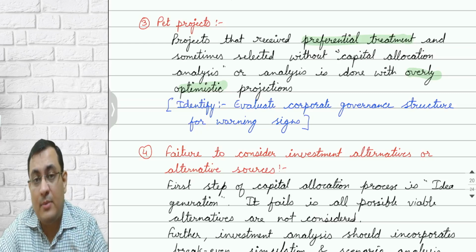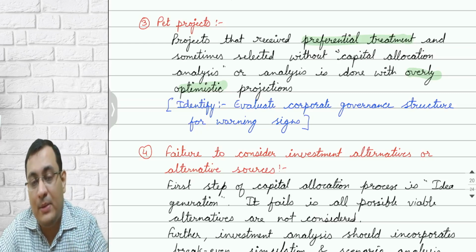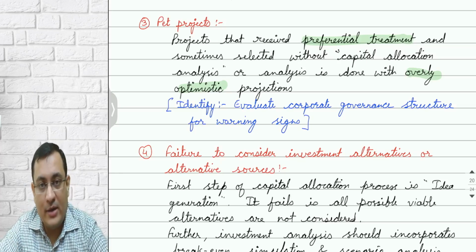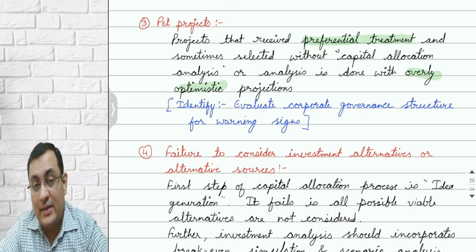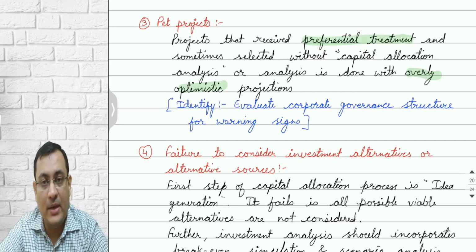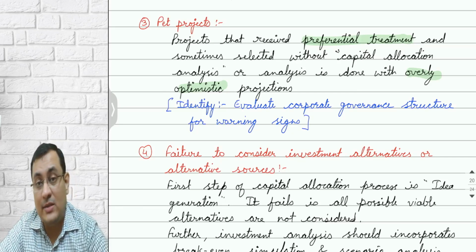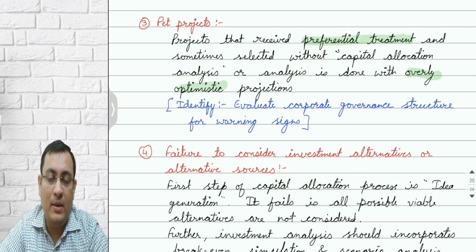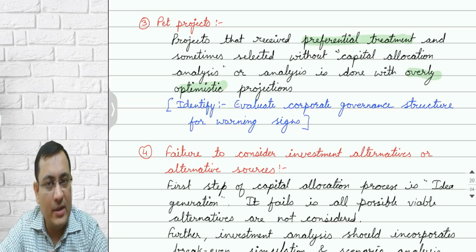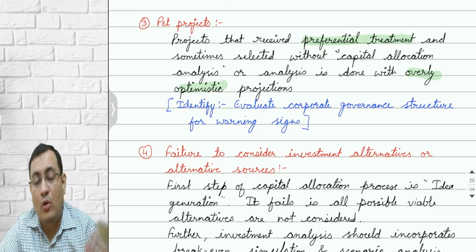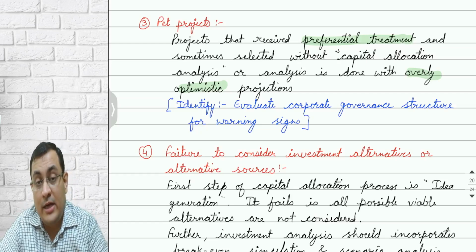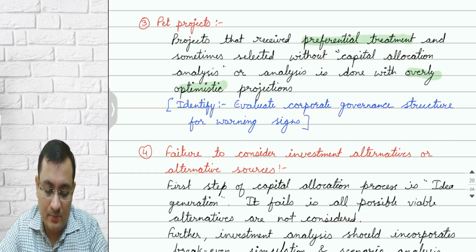It is generally recommended that more independent people should be in the final decision making body, the governing body. So for pet projects, to identify this bias, we should be checking the corporate governance structure of the company. And what are the warning signs? If there are fewer independent directors in the governing body, then of course this bias will happen. More executives will give preferential treatment to their preferred projects.